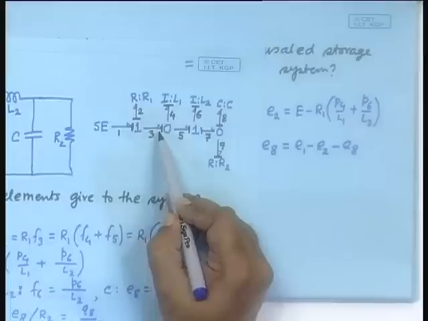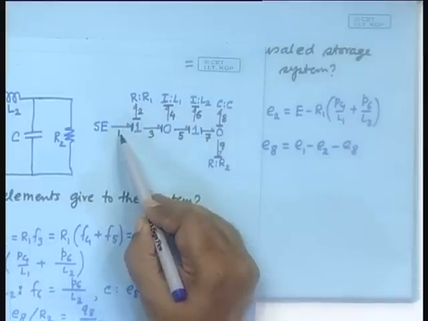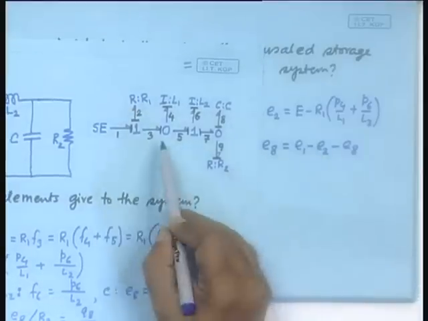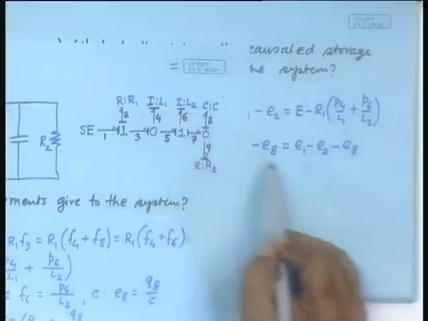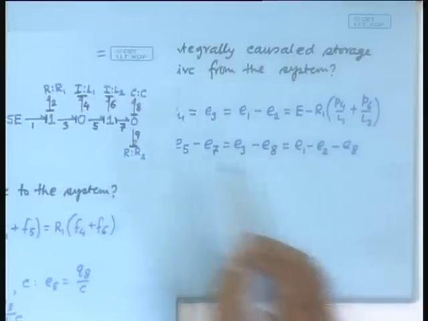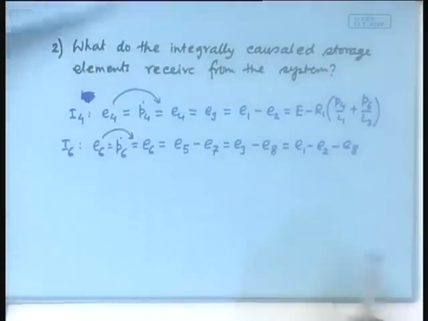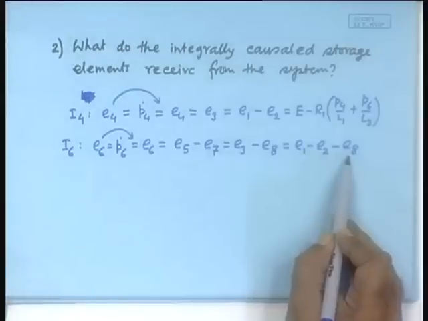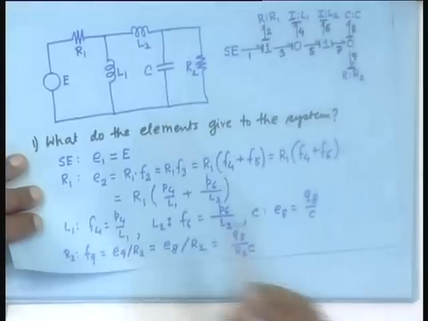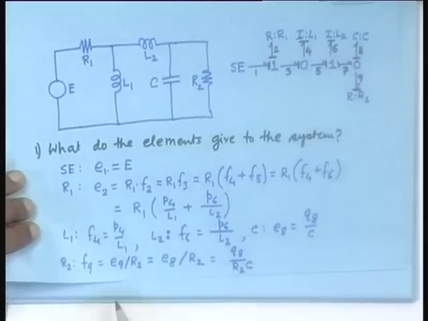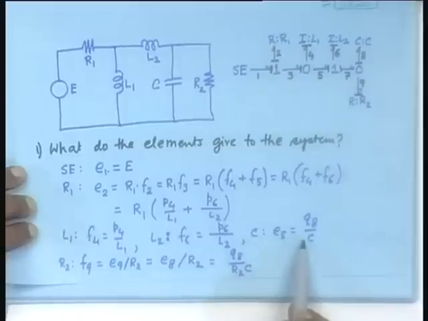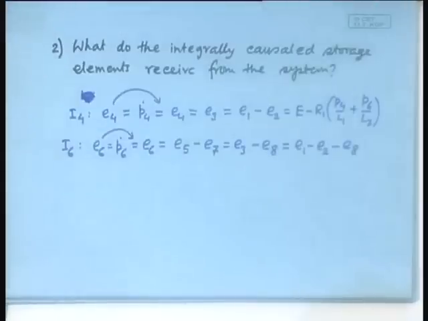E3 has come from E1 minus E2, and E8 is fine, E7 is equal to E8. Okay. Now, all these are known in the right hand side, just substitute, because E1 is known from here, E2 is known from here, and E8 is known from here. Just substitute, you will get it. Happy?